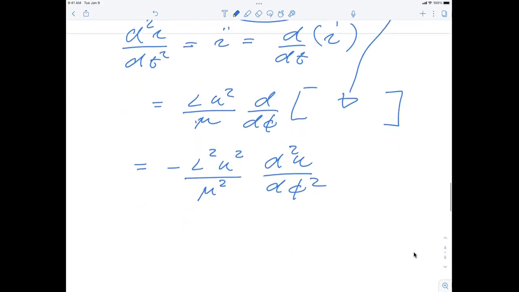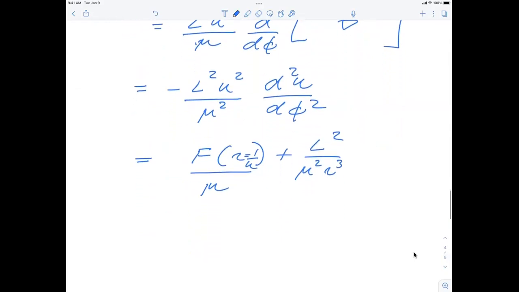Now, this quantity is going to be equal to f of r, which is also given by 1 over u, plus, and now I have my term which goes like L. So this is the force now divided by mu. And then this is given by mu squared times r cubed. If you look at this expression, we would rewrite that one as L squared times u cubed over mu squared.